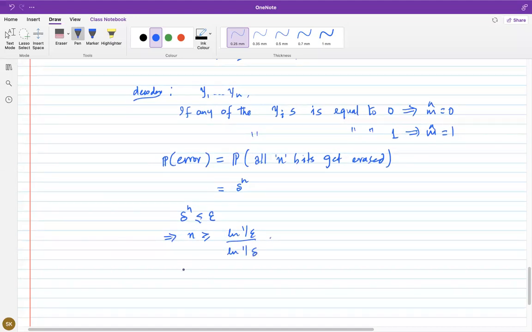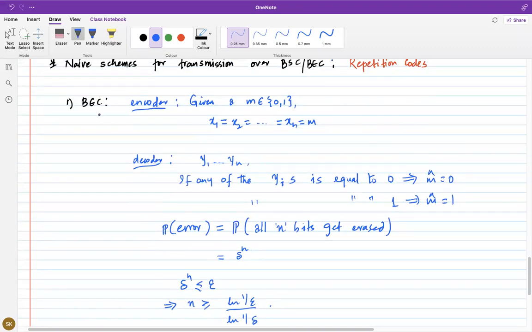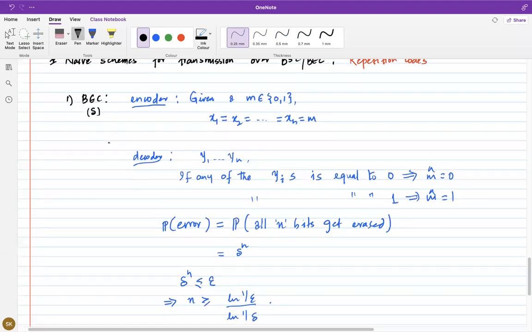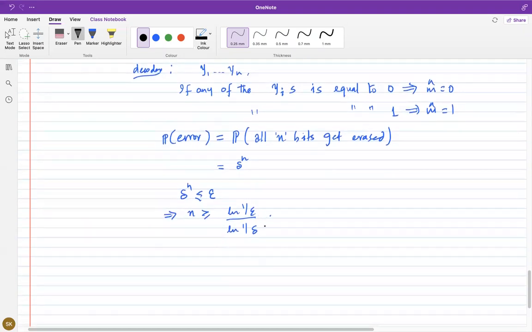Okay, so the way to interpret this is that for every epsilon, and a channel which is BEC with parameter delta, once I specify a channel, the delta is fixed for us. And now epsilon is something which we can choose. So we choose our favorite epsilon.